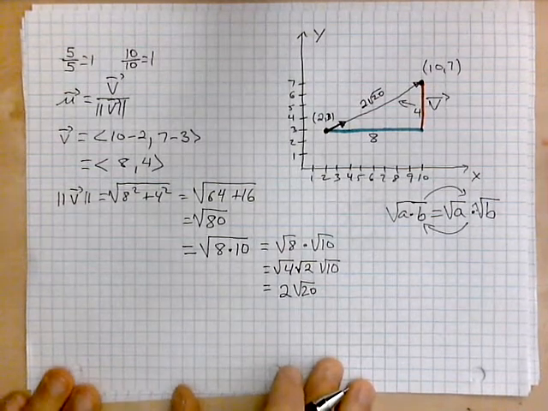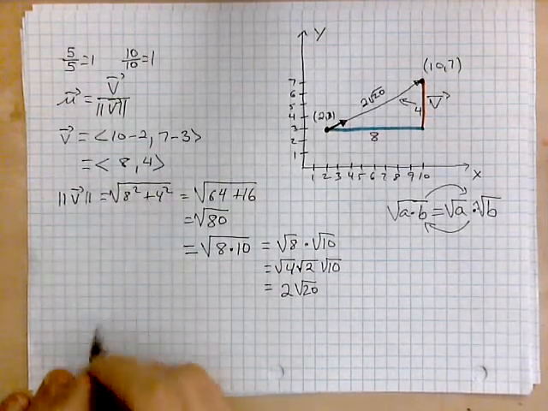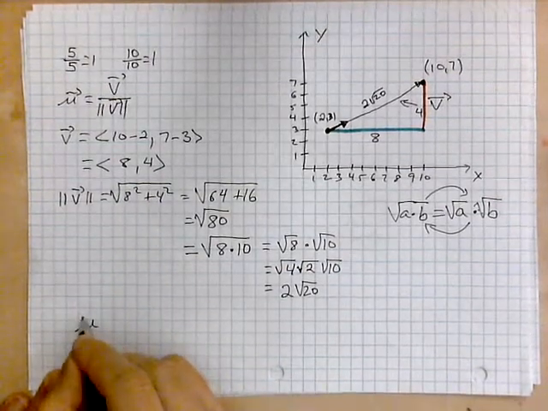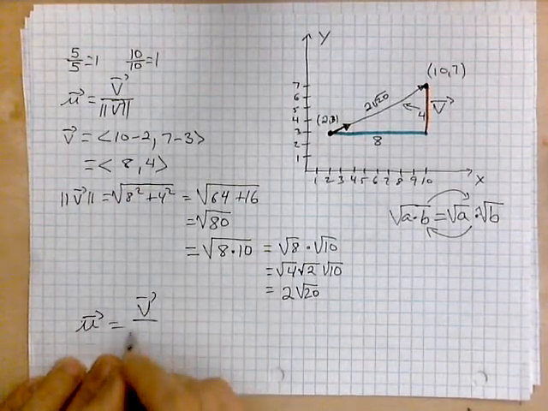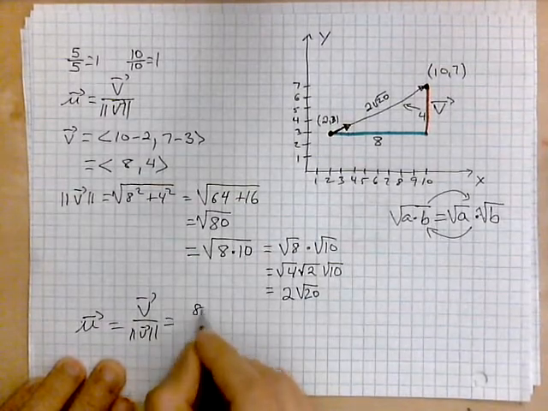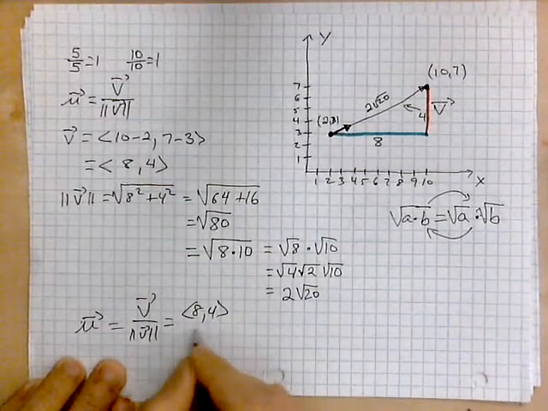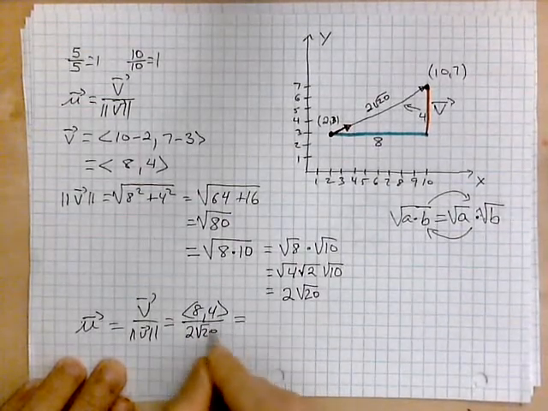So now we find the unit as follows. We take the vector 8, 4. We use the letter U to represent the unit vector. Remember, it's V divided by its magnitude. So it's 8, 4. And we divide by 2 root 20.